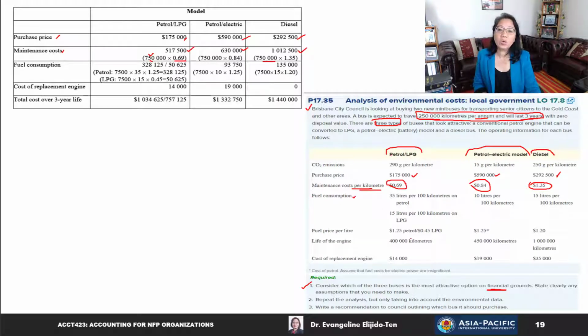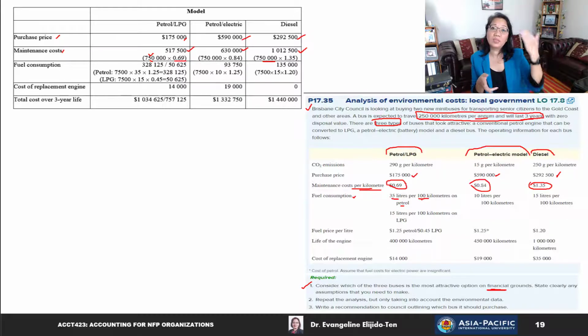So for the petrol LPG, we are told that the consumption would be 35 liters per 100 kilometers if we use petrol. So there really are two choices here. One is to use petrol, one is to use LPG. Let's look at the petrol option first. We need to calculate it for 750,000 kilometers. So let's divide 750,000 kilometers by 100 kilometers first, because it's 35 liters per 100.